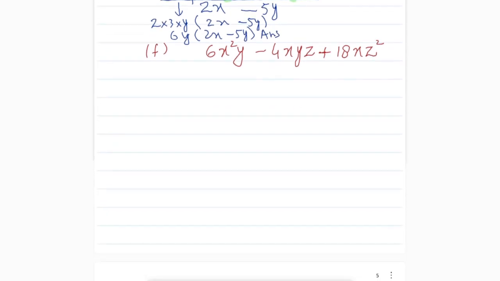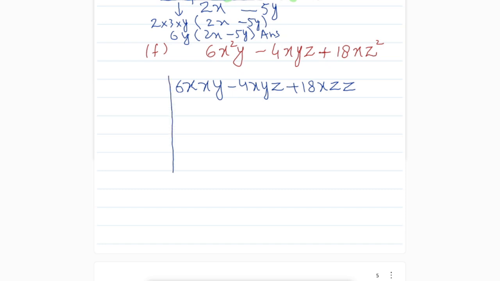Similarly, in the last example I'm writing here, there are 3 terms. Applying the same method for 3 terms is the same. 6x square y, we can write it as xxy, minus 4xyz plus 18xz square, meaning zz.